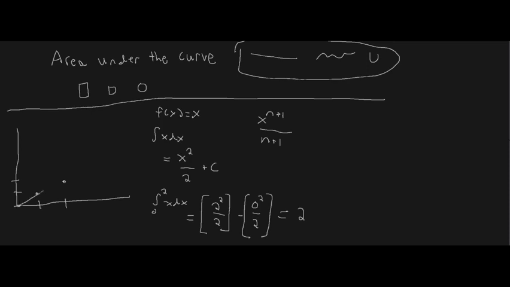So we have our function right here, and we can see that it looks like a triangle. We know how to calculate the area of a triangle, so we have to find the base and the height. The interval here is 2, because 0, 1, 2, which means the length is 2.